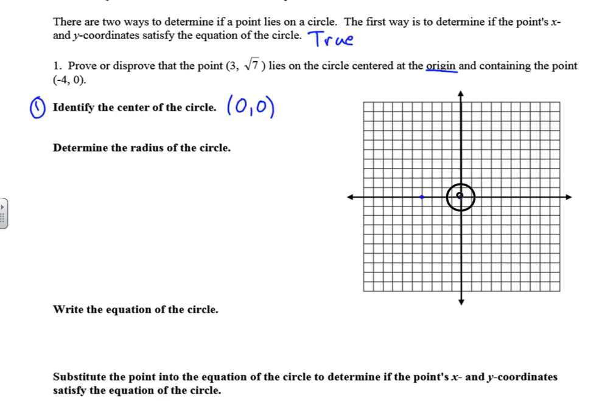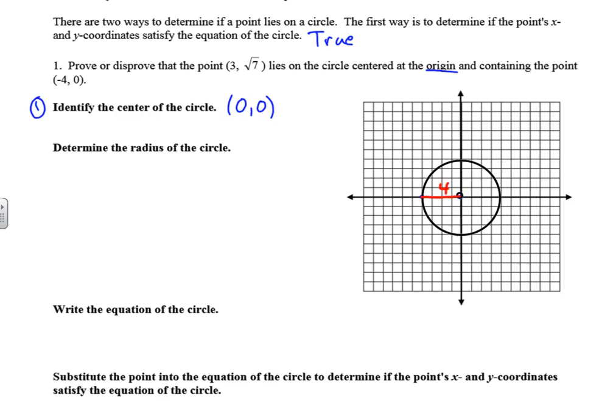This circle tool is very hard to get accurate, so I'm just going to try and get it there. Okay, the nice thing about this question is that we can determine the radius by counting.